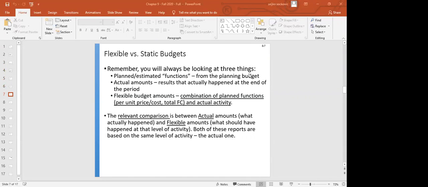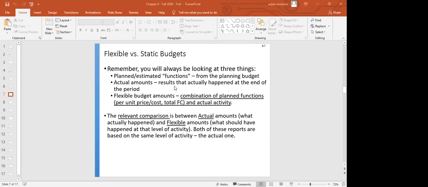You're always looking at three things. When you see a flexible budget problem and you don't know where to start from, a lot of numbers, this, that, left, right, what do I need here? I need the flexible budget, period.